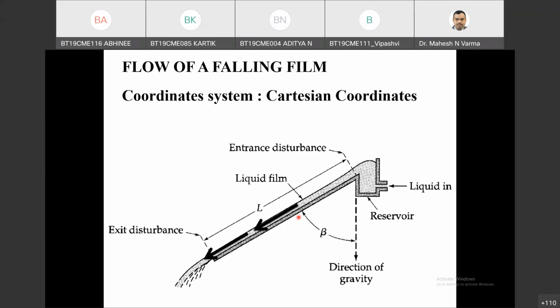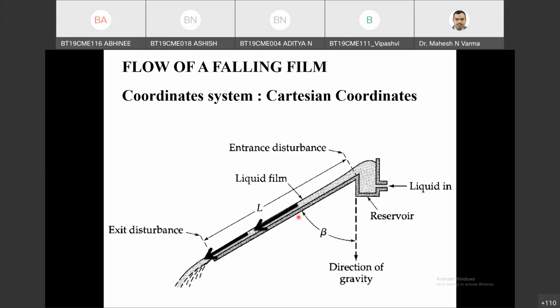So once you have selected the coordinate system, what will be the second step to solve this shell balance problem, the generalized method? Second step, what needs to be done? Roll number 18, Ashish. Yes, sir. What will be the next step?